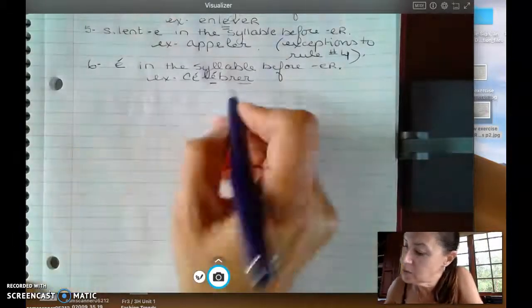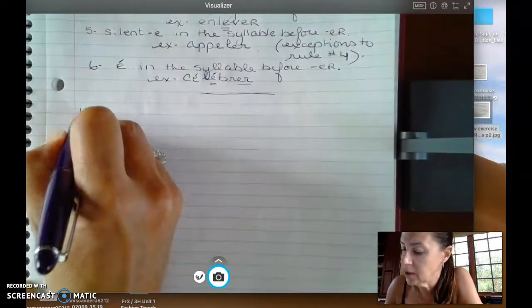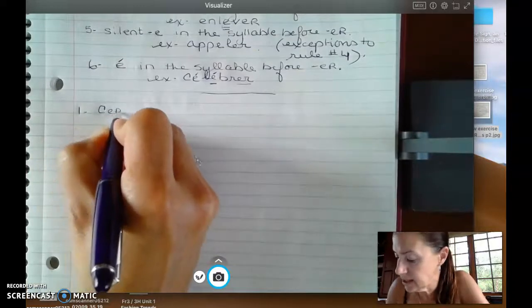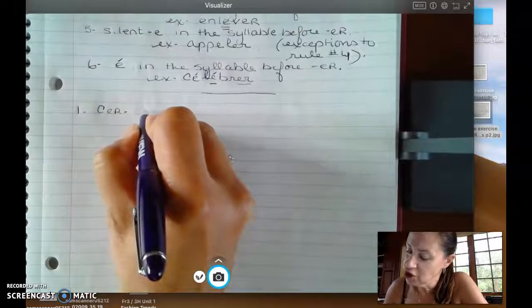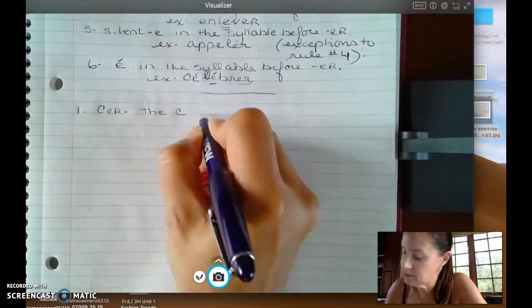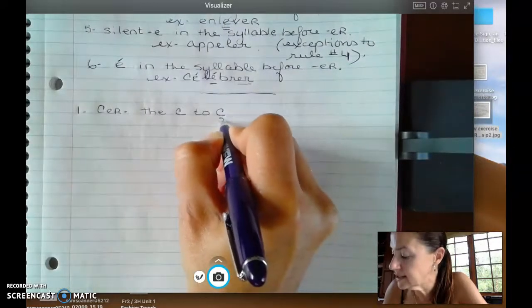Okay, so draw a little line. Here we go. CER in detail. Change the C to a C cedilla.